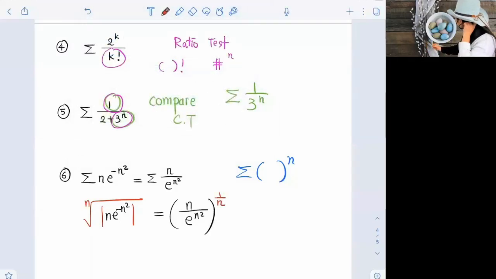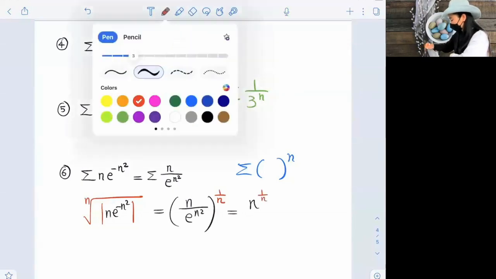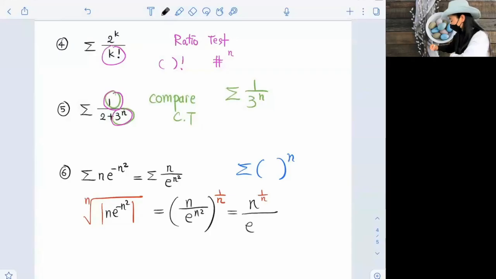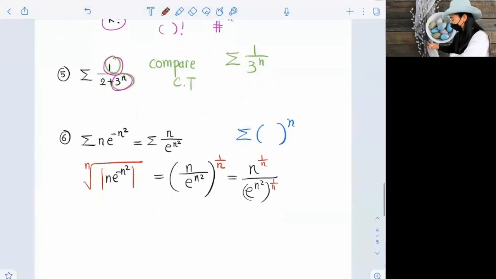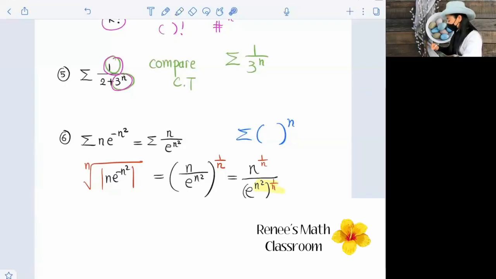So this is going to be n to the 1 over n on top, and down here, e to the n squared to the 1 over n. What do you do with the power over here, this 2?